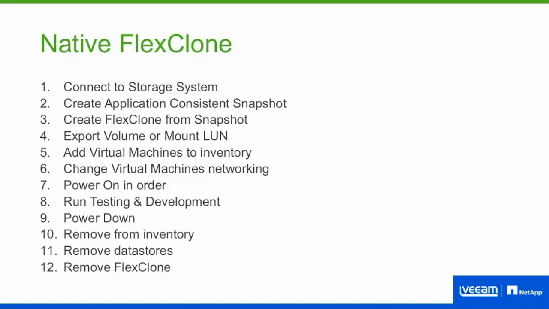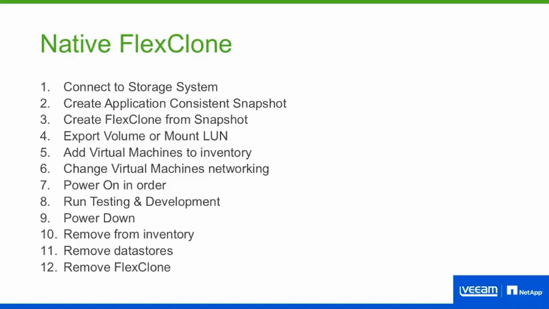So exporting a volume or multiple volumes and LUNs that contain your virtual machine estate, if they're on different volumes, different disks, etc. Adding those virtual machines to the inventory, i.e. going in and adding each of those virtual machines to the inventory, and then having to change each one's networking. If you're talking any more than 20, 30, it's going to be a painstaking process.